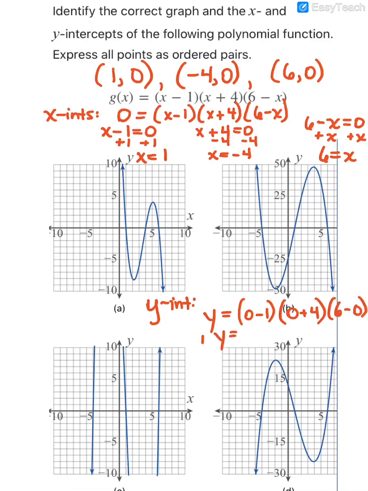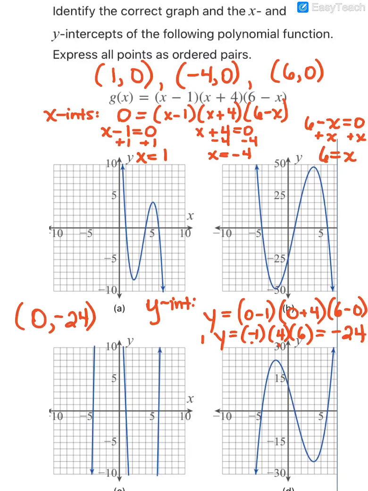So in this case, I have negative 1 times positive 4 times positive 6. So negative 1 times 4 would be negative 4 times 6 would be negative 24. So as an ordered pair, that would be the point (0, -24).